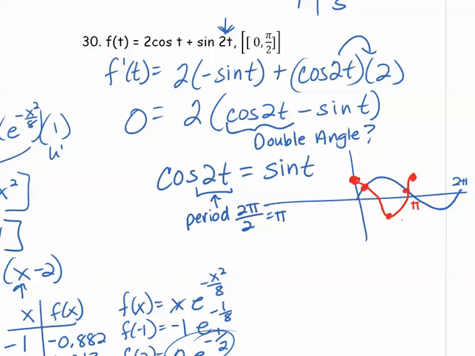So where is the cosine of twice an angle equal to the sine of the angle itself? Can you come up with that visually, or just think about it from our special triangles? This is going to happen at pi over 6, and then you can test that out.